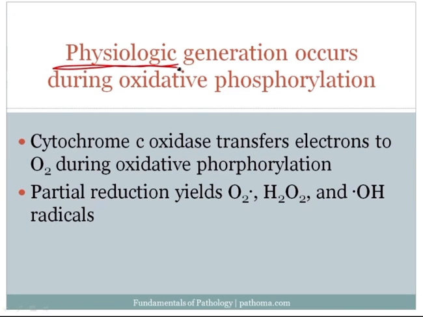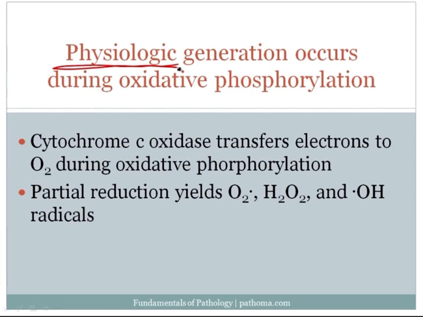Now let's review oxidative phosphorylation briefly and remind ourselves that during oxidative phosphorylation, cytochrome C oxidase transfers electrons to oxygen as a final electron acceptor. You recall in our prior discussion of the electron transport chain, oxygen accepts electrons, which drives the production of a proton gradient, which then eventually drives the production of ATP.